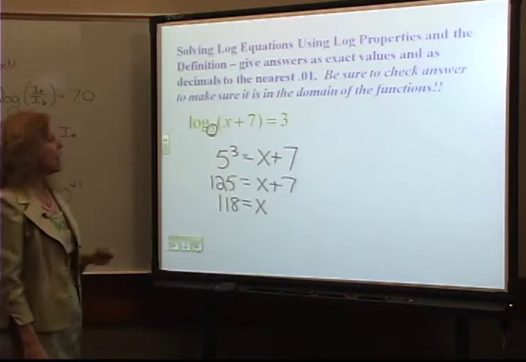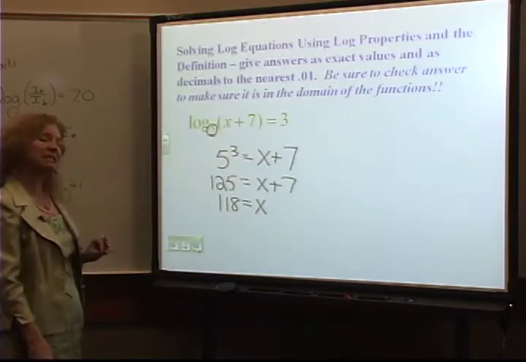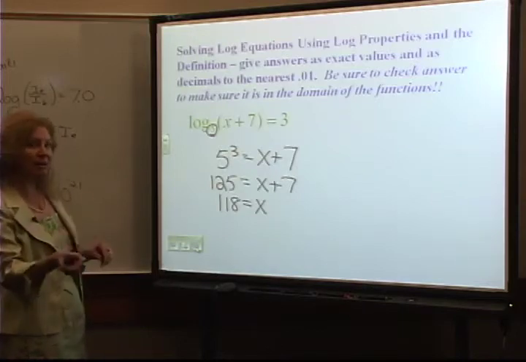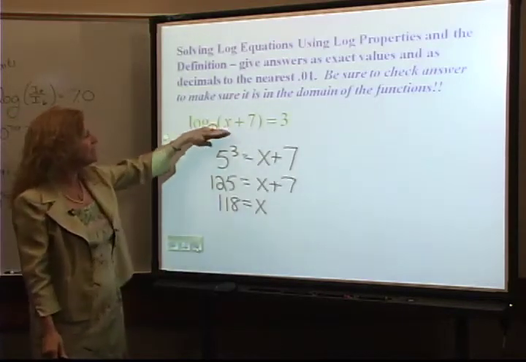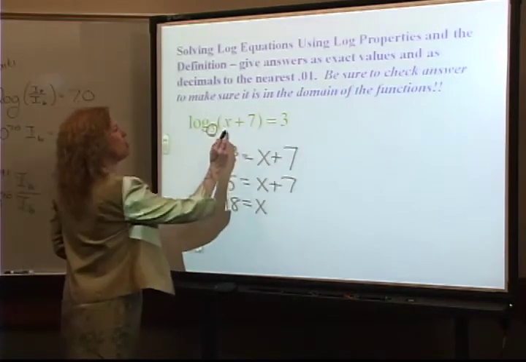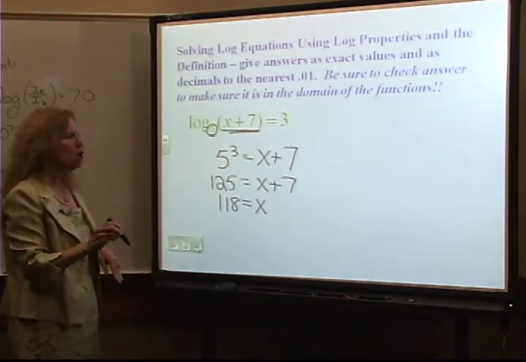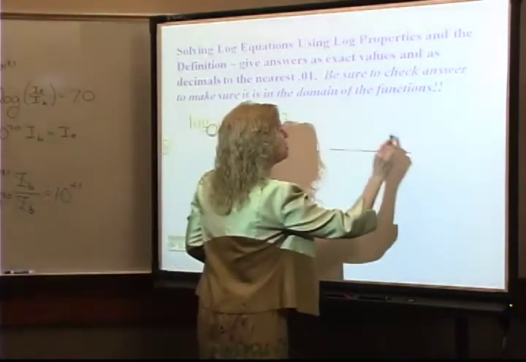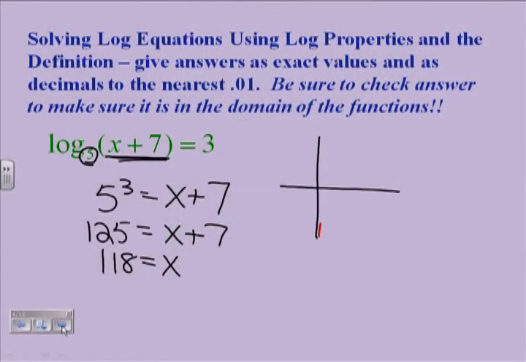Now, by the way, I also put a warning up here. Be sure when you're working with logarithms to take a quick look back with your answer, because we have to keep the input to the log function always positive. Remember the graph of the logarithm? The graph of the logarithm function comes from down here. He has an asymptote.